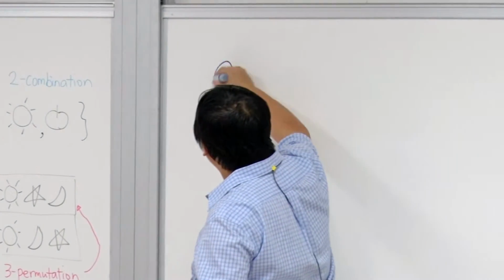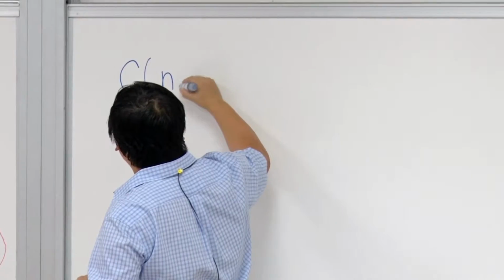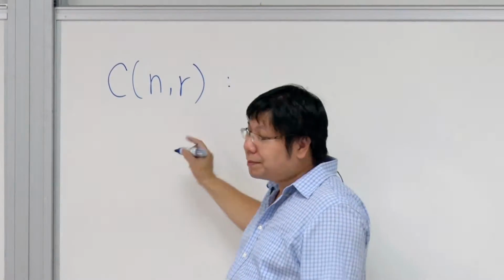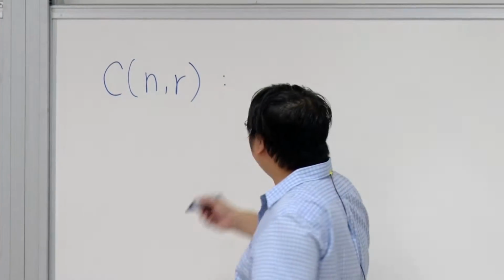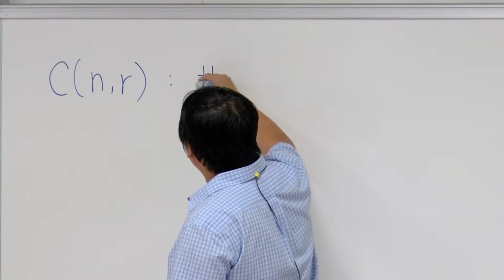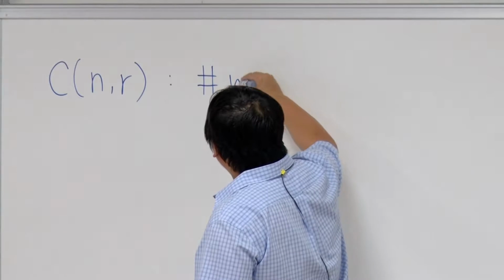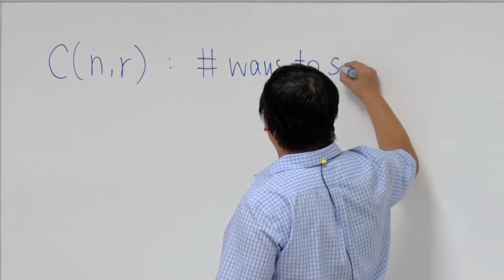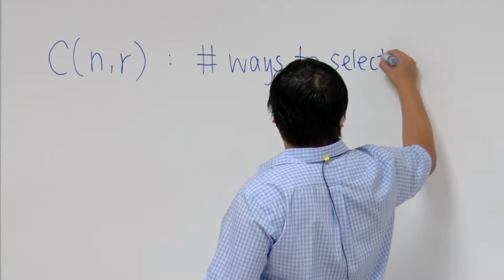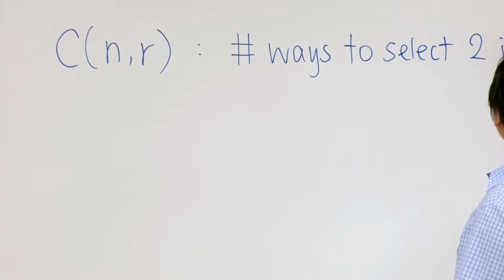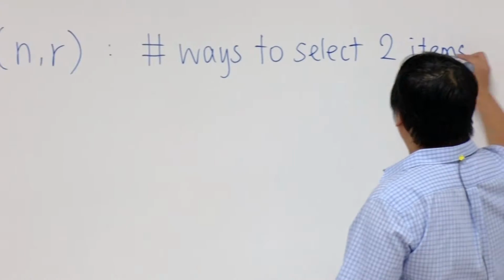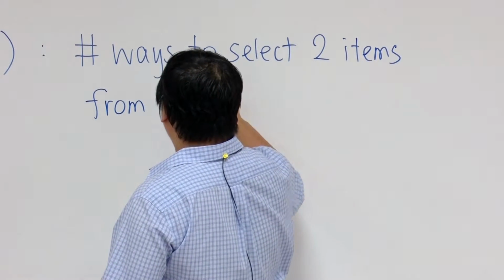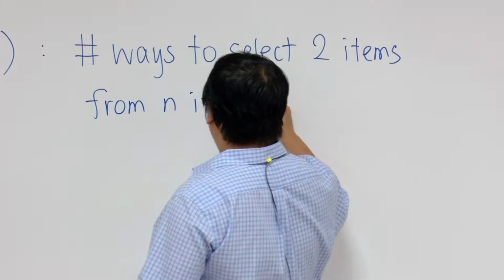The first one is C(n, r). This is a number. It tells us the number of ways to select r items from n items.